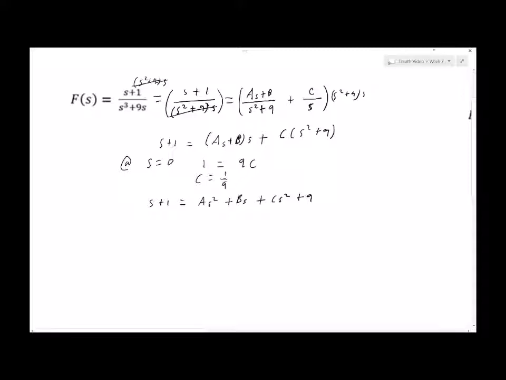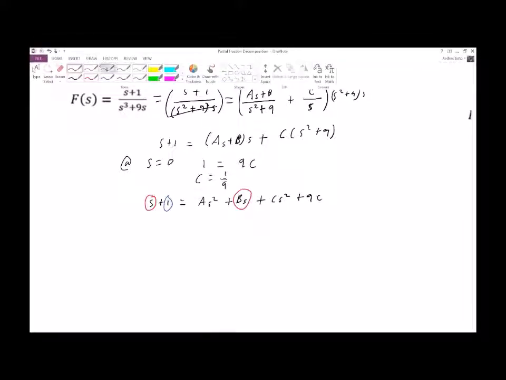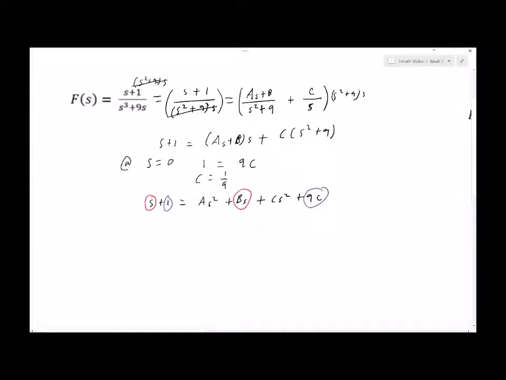All the reds, the s terms, match up, and all the coefficients have to match up too.